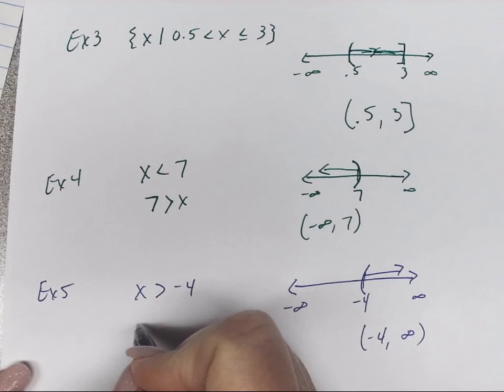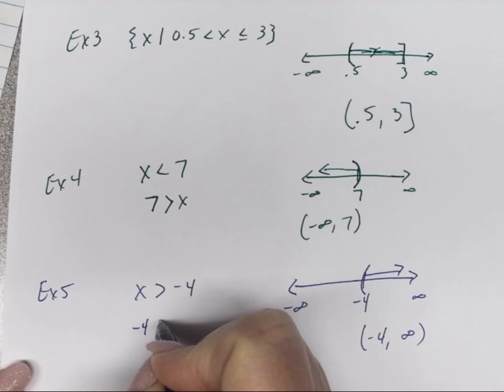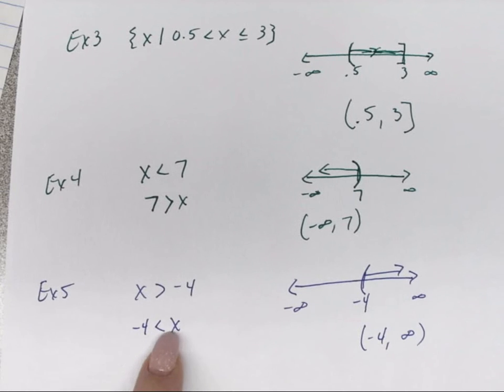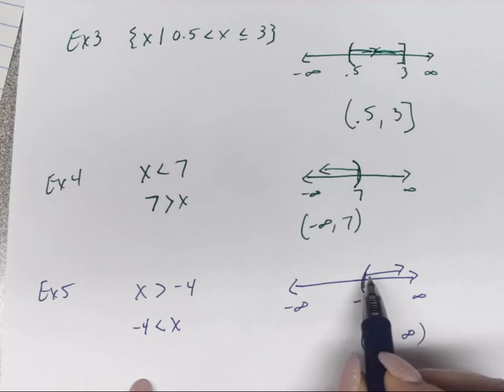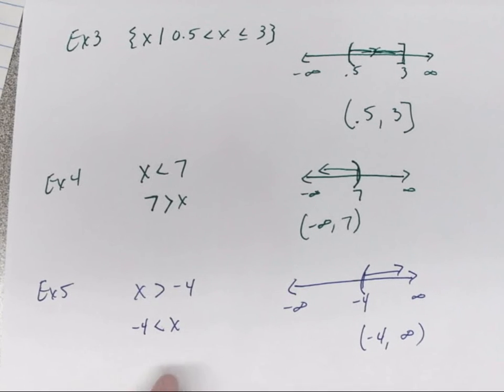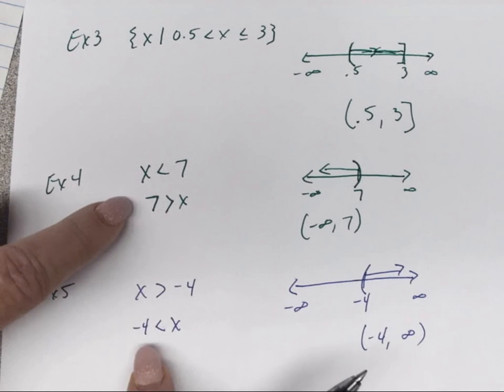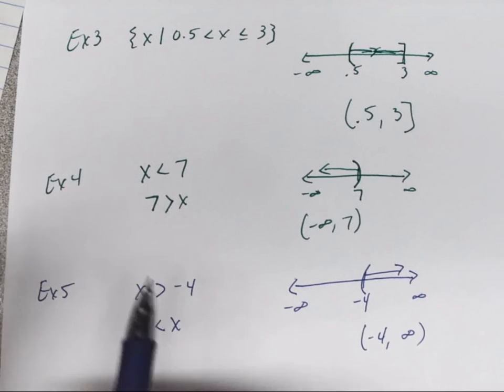I could have this as negative 4 is less than x, but you should read it with the variable: x is greater than negative 4. Even though the inequality points that way, we're still going to the right because it's greater than. So don't go by the fact that it's facing that way.